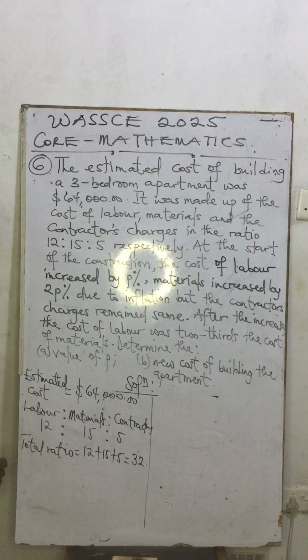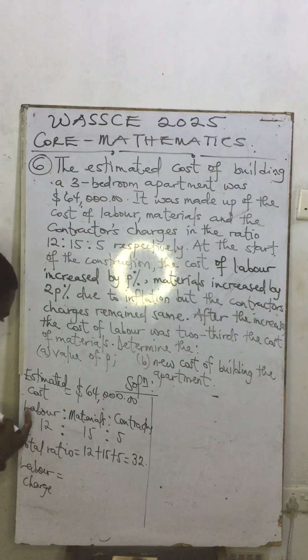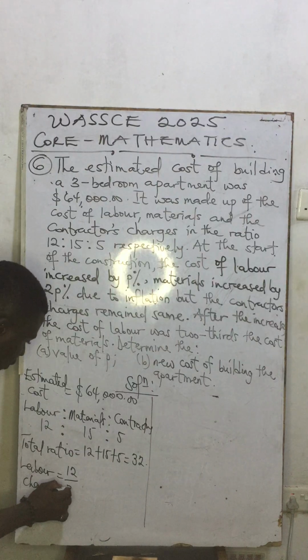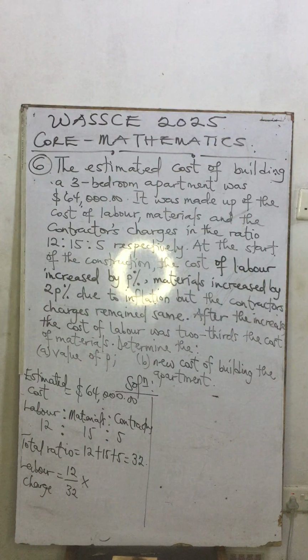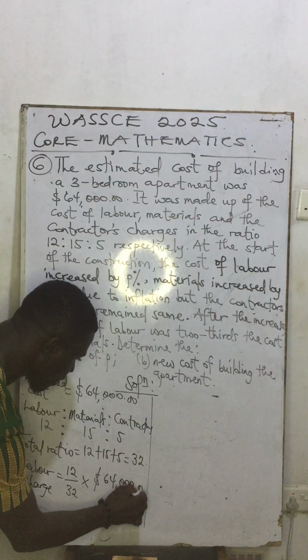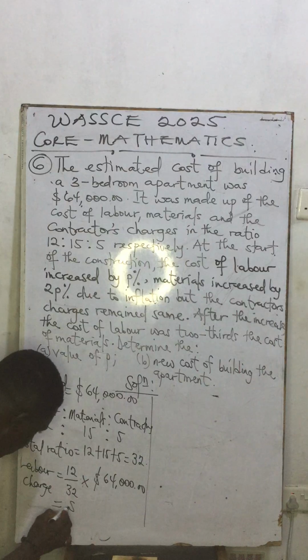So the labor charge is equal to the ratio for labor, 12, over the total ratio, 32, times the total cost, or the estimated cost of building, which is $64,000. And this is equal to $24,000.